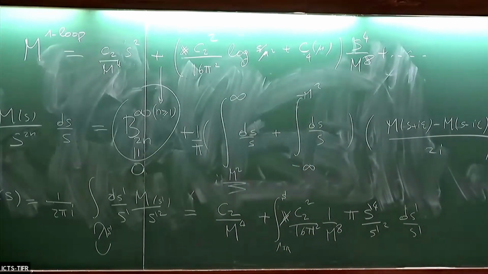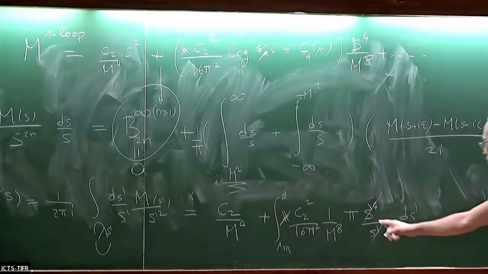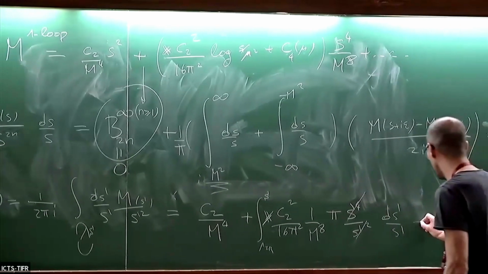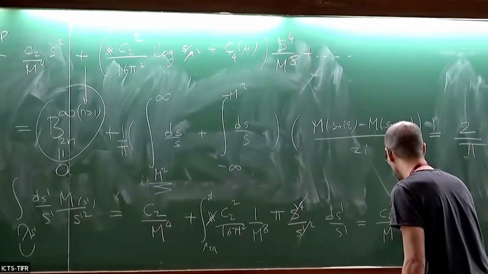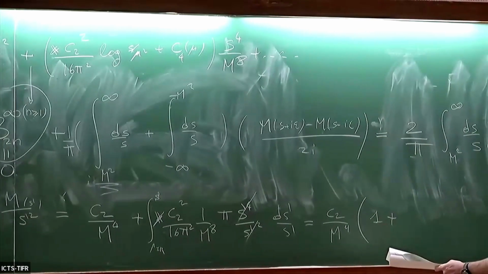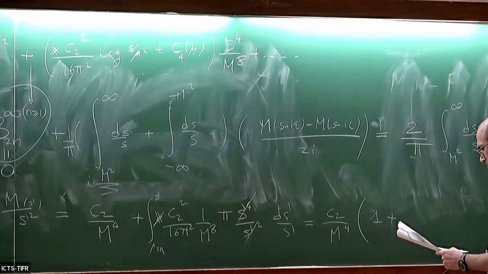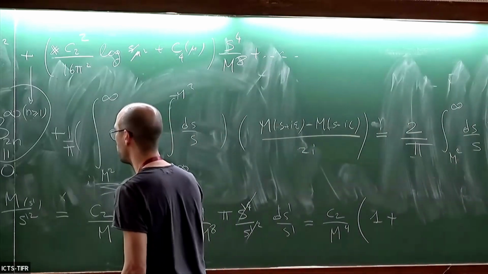So this one gives you s prime squared. This one is going to give me c2 m to the fourth multiplied by 1 plus, crucially, there is a 1 over pi here from the definition.